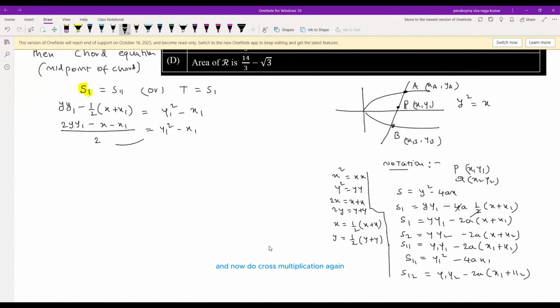And now do cross multiplication again: 2y y1 minus x minus x1 equal to 2y1 square minus 2x1.